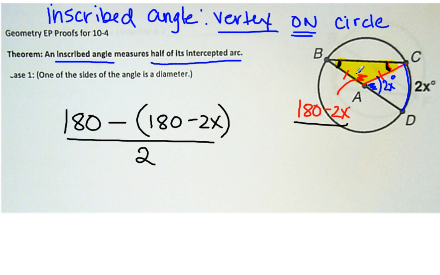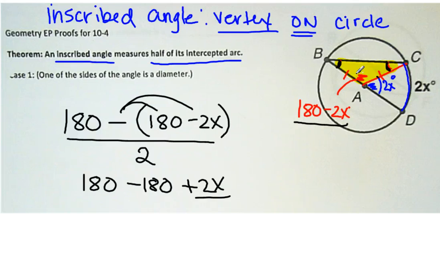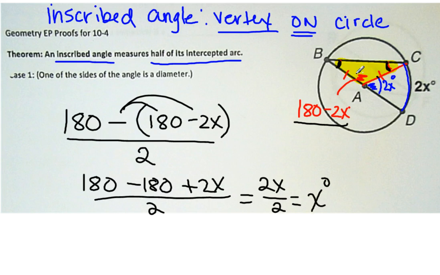Those are going to be the same, again, because it's isosceles. If I distribute my negative, I'm left with 2x over 2, which just equals x, which is what we stated in the beginning that our inscribed angle would have to be.